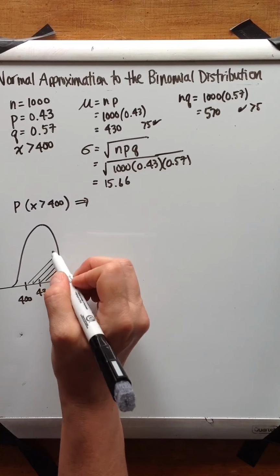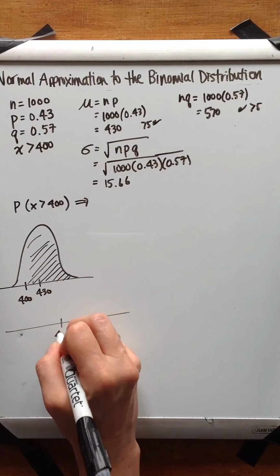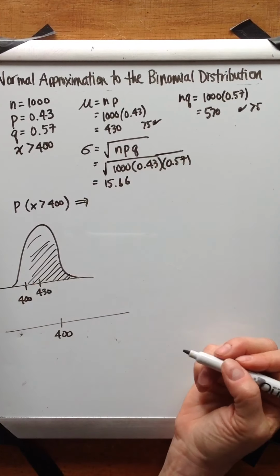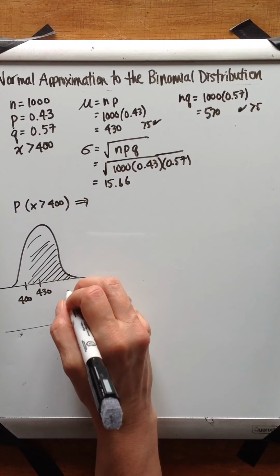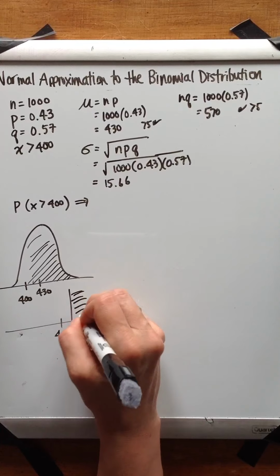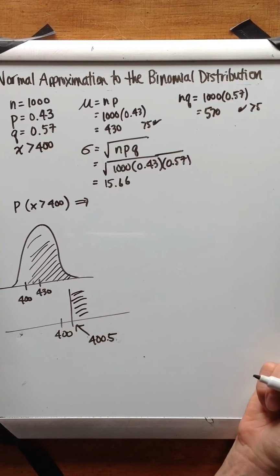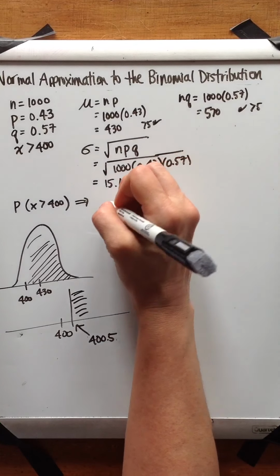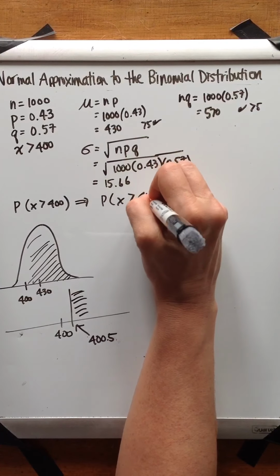Do I want the number 400 to be included? The answer is no. It says greater than 400. If it said greater than or equal to, I would want it to. So since I'm going this direction, finding the area, I'm going to do a correction to 400.5. So my correction will be the probability of x greater than 400.5.